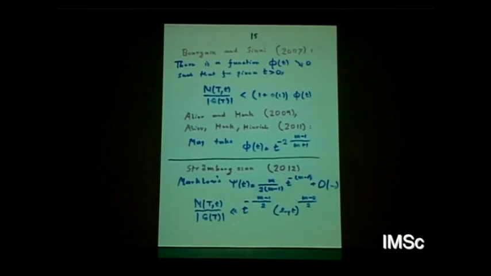On the other hand, Bourgain and Sinai showed that, in fact, if you take this quotient here, capital N of T, t over G of T, it is basically less than a function phi of t, where phi of little t is a function that goes to 0.